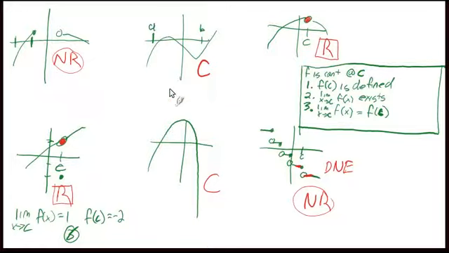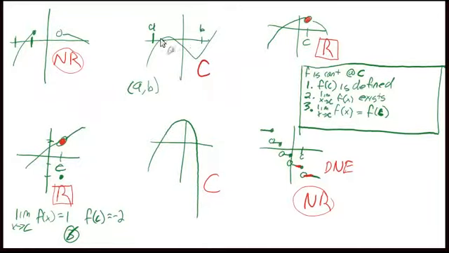Between A and B, but pay attention to this, it is on an open interval, not necessarily right at A and right at B, okay? But everywhere in between A and B, not including A and B. So on this interval, this open interval, that's the round parentheses, means an open interval, we say that it's continuous on this open interval if at every single point inside the interval it's continuous.